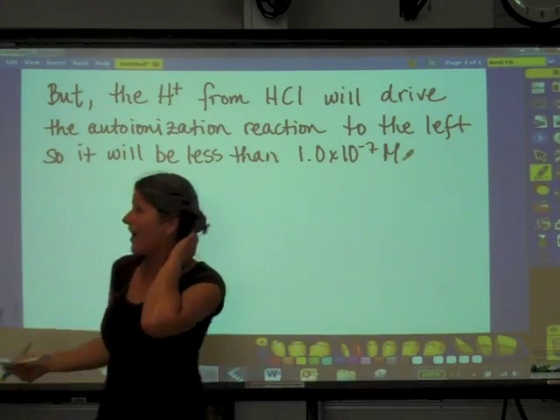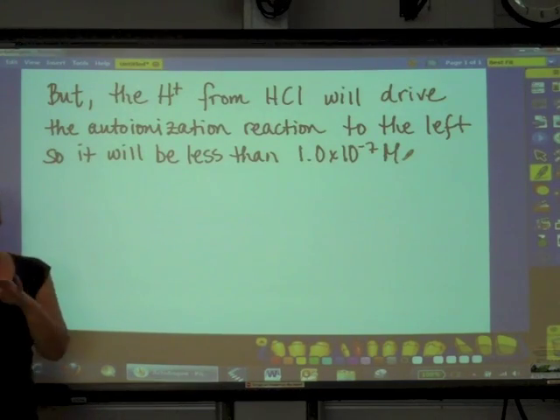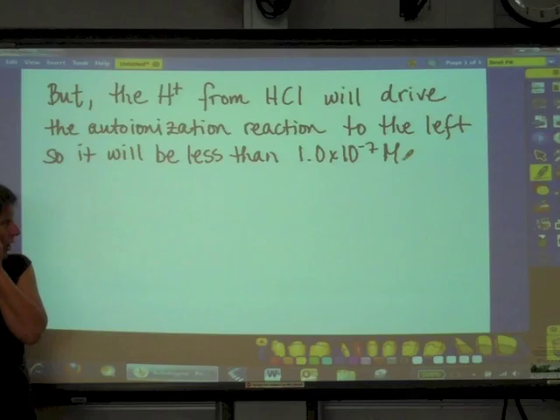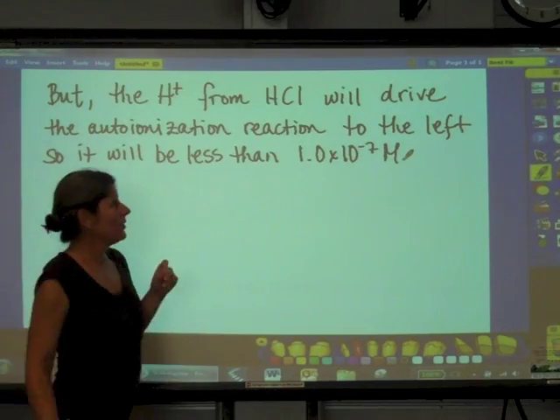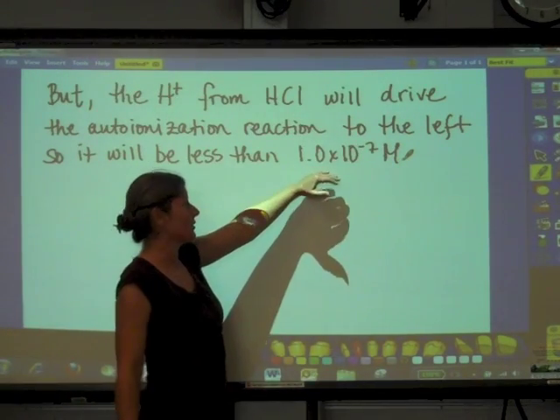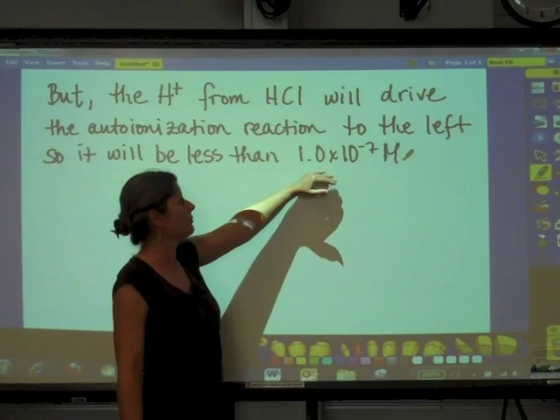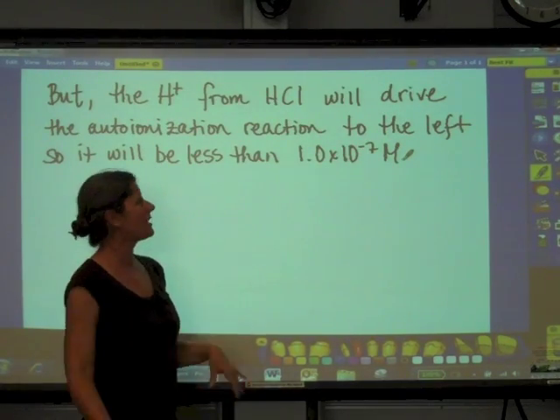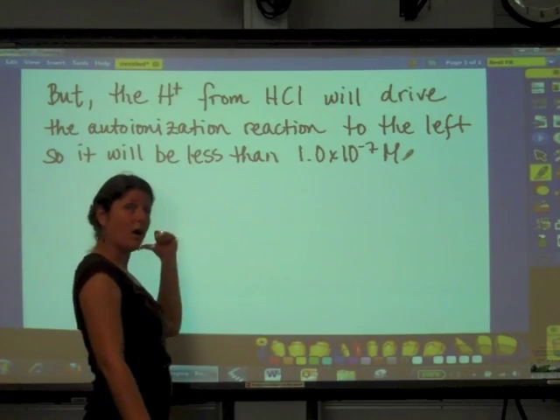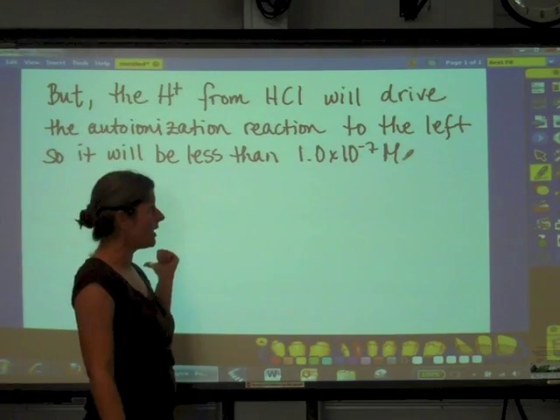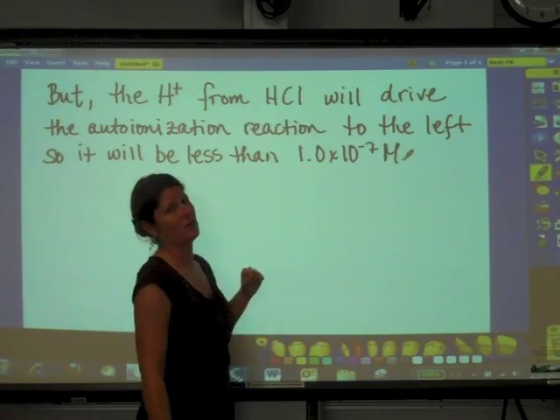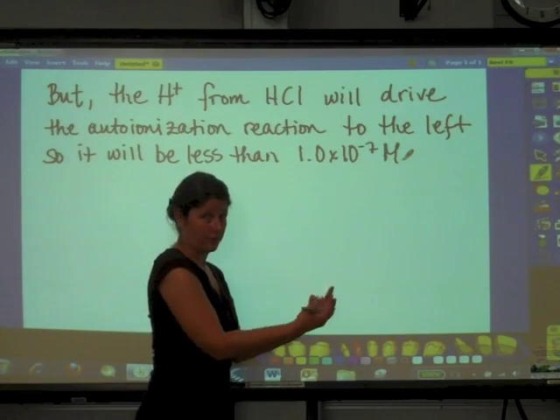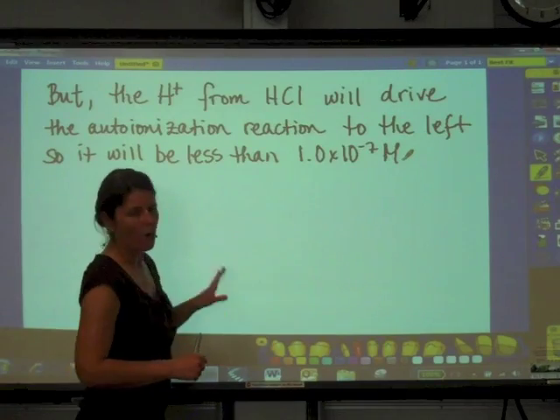Okay, so the hydrogen ion that arises from the auto-ionization of water, usually just in a glass of water, is 1.0 times 10 to the minus 7th molar. But because the hydrogen ion from the hydrochloric acid will drive that auto-ionization reaction to the left, it's even going to be less than 1.0 times 10 to the minus 7th molar, the hydrogen from the auto-ionization of water.